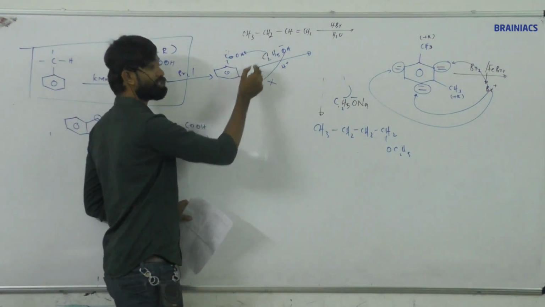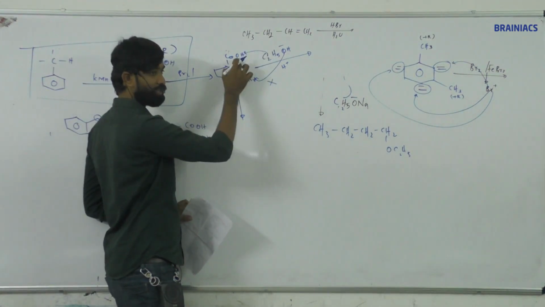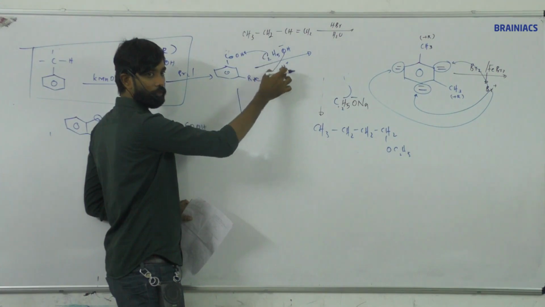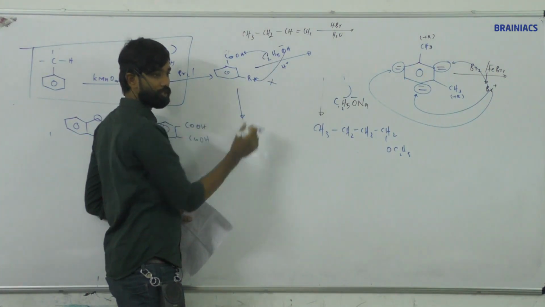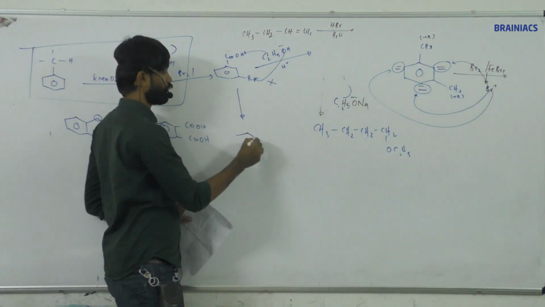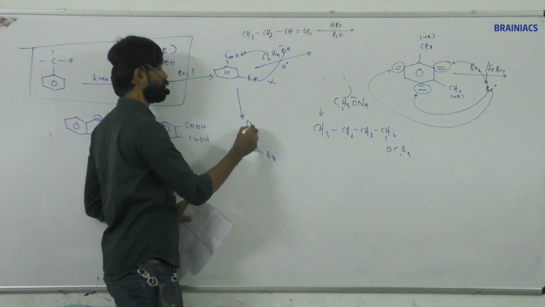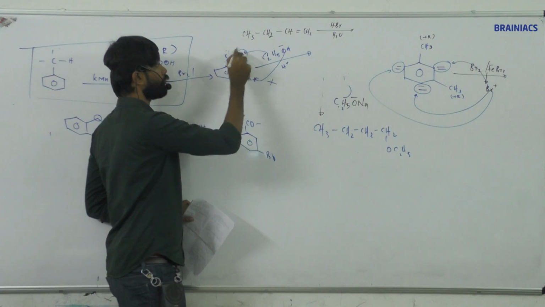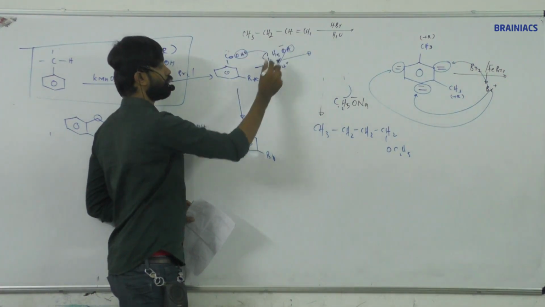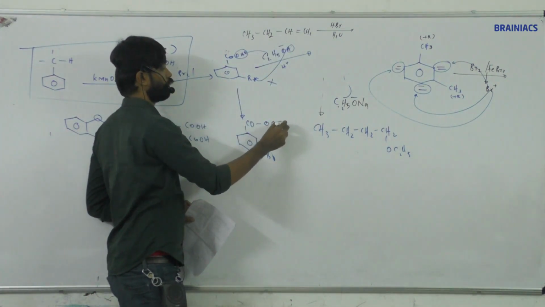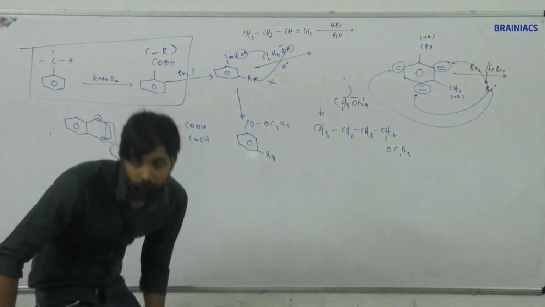So there may be a chance for esterification, which is a reaction of an acid with an alcohol in the presence of dilute sulfuric acid. Esterification means the OH leaves from here, H leaves from here, and they connect. So this will be the product.